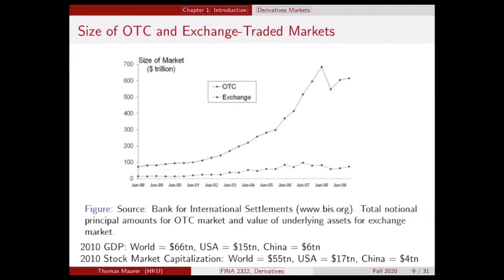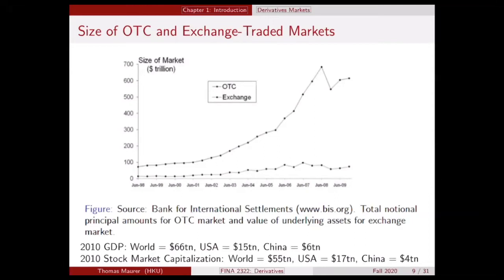Notice, to set these numbers into comparison, first of all, these numbers are total notional principal amounts of derivatives. And what does it mean, notional amount? It means this is not the present value of a derivative contract, but this is the value of the asset which is underlying the derivatives, or how much the derivative is actually subject to exchange.